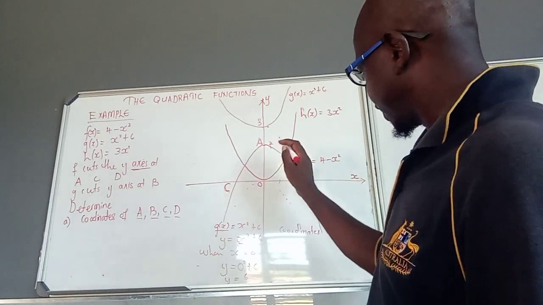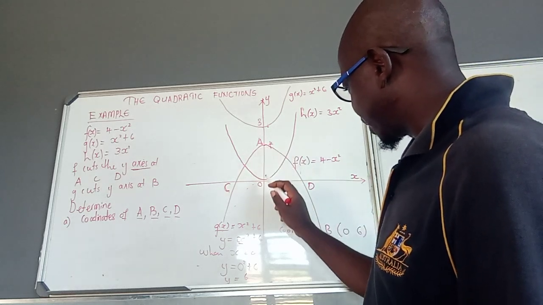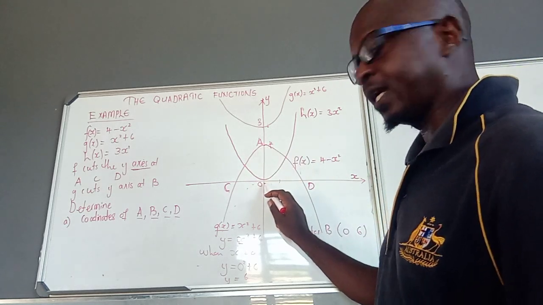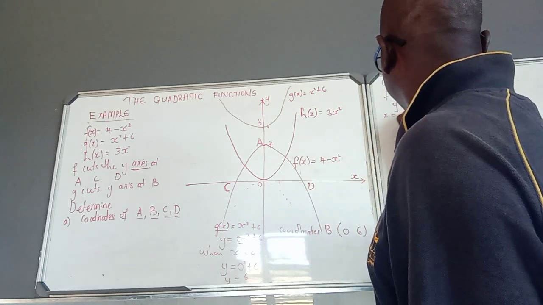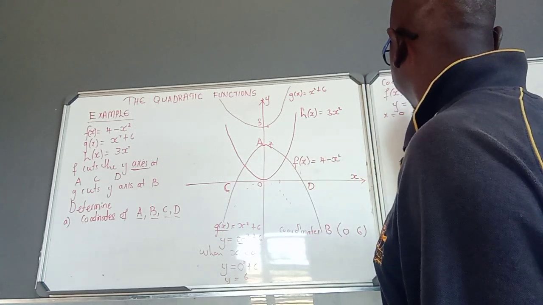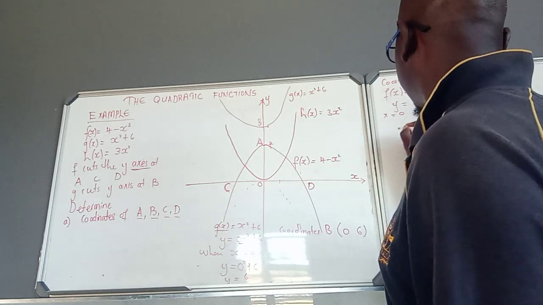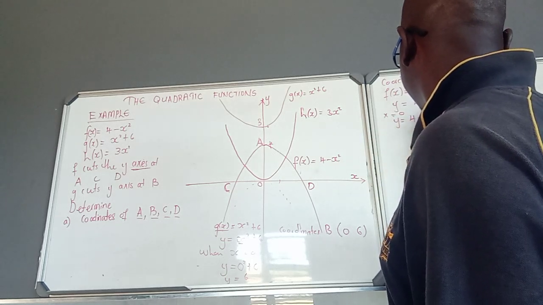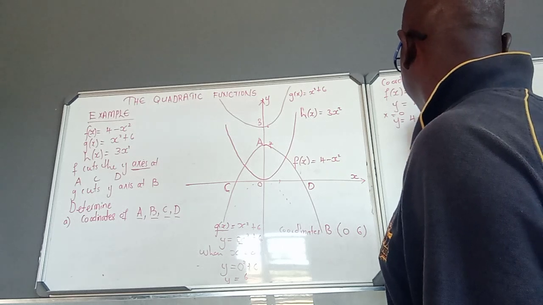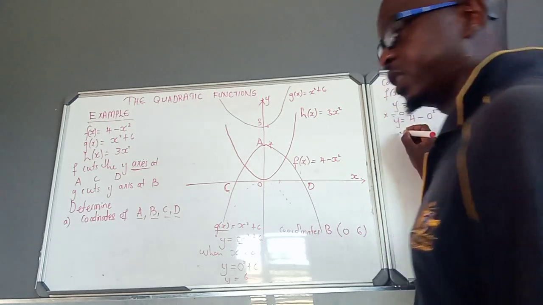Now, if we start by looking at this coordinate, once again, the value of x here is 0. So when x is equal to 0, substitute to find what y is going to be. y is going to be 4 minus, we said x is equal to 0 here, that becomes 0 squared.